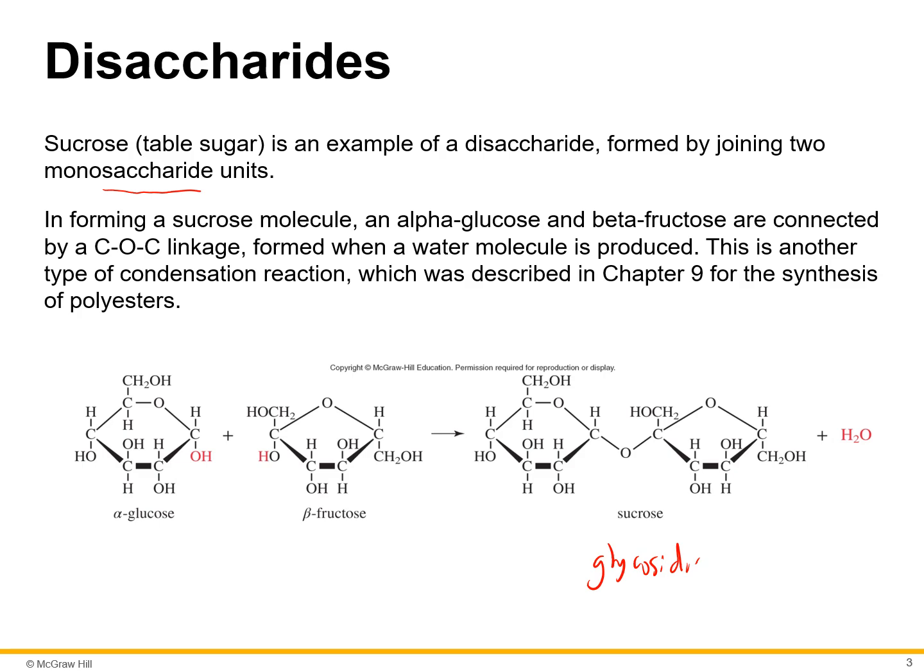Just write this, glycosidic bond. And the name of this is a condensation reaction. So one of the products when two monosaccharides come together is we get water as a product.